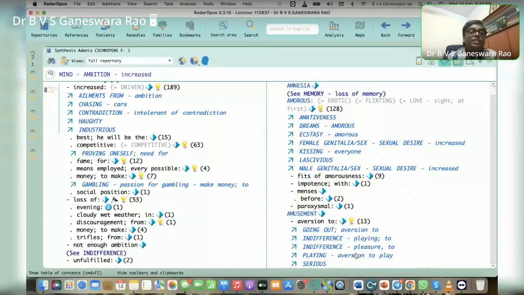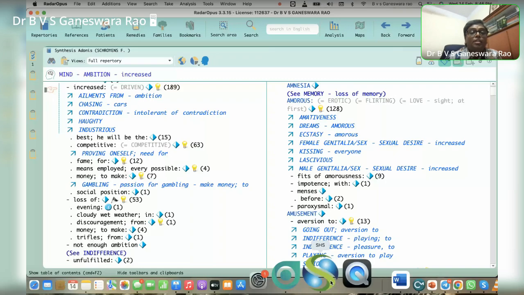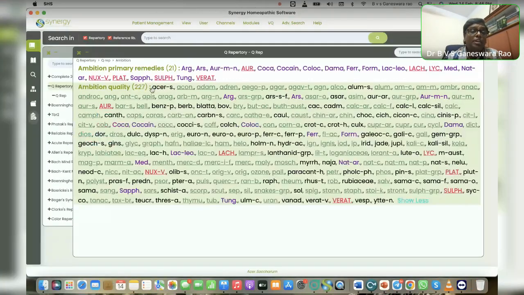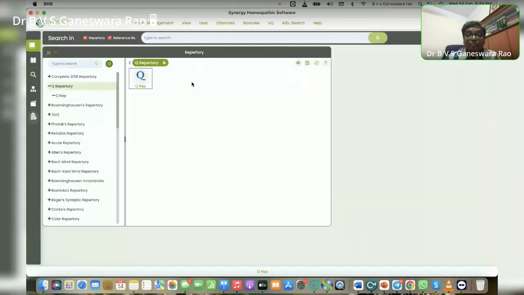So what we can do is, if you go with this repertory, you can expand your remedies to 227. So there is more chance of not missing your given remedy. So this is one idea.